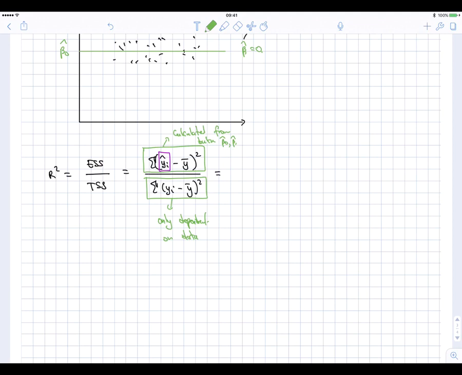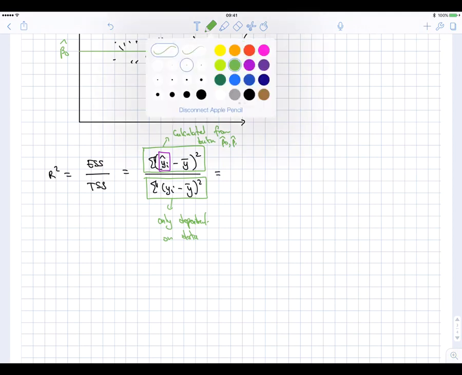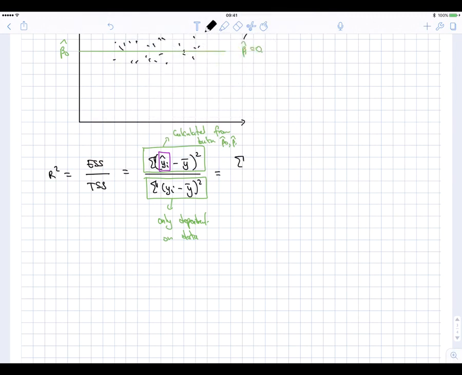So let's do sum of, instead of yi hat, we can use beta 0 hat plus beta 1 hat times xi, minus y bar, all of this squared, over sum of yi minus y bar squared.